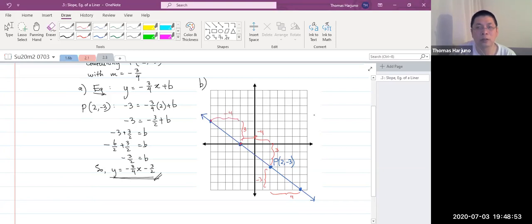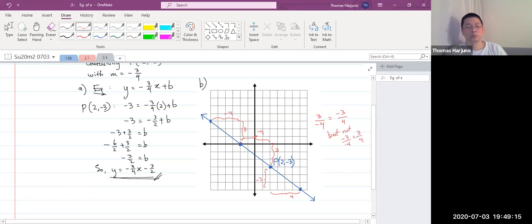The slope is still 3 over -4, right? So you can see that -3/4 as 3 over -4 or -3 over 4, but not -3 over -4. Yeah, because -3 over -4 is positive 3/4.